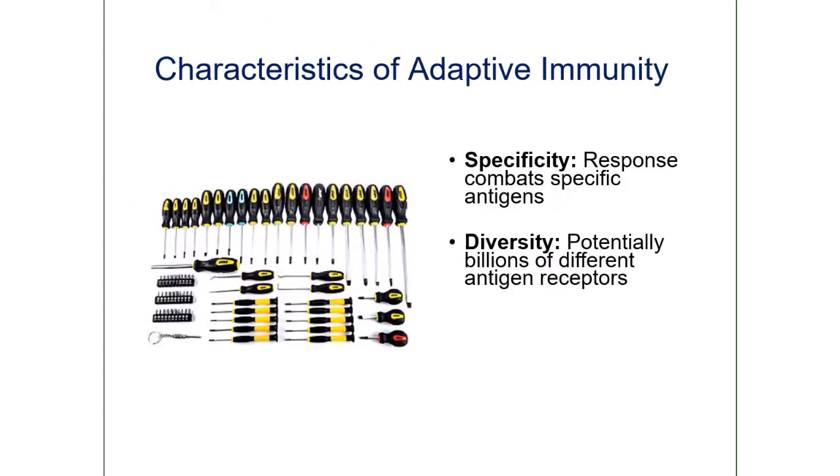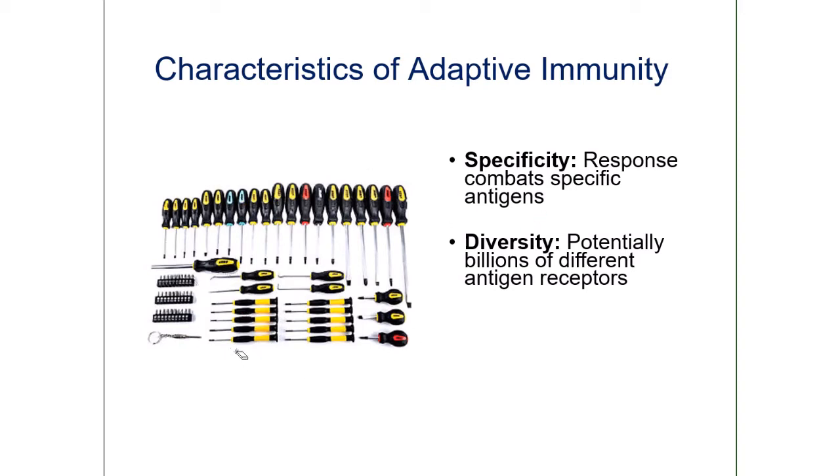Another characteristic of adaptive immunity is specificity and also diversity. So specificity, I'm just going to read this to you first, is the ability to respond and to combat specific antigens, whereas diversity means potentially you can respond to billions of different antigen receptors. So it's a little bit confusing here, but you can think of having a whole set of screwdrivers.